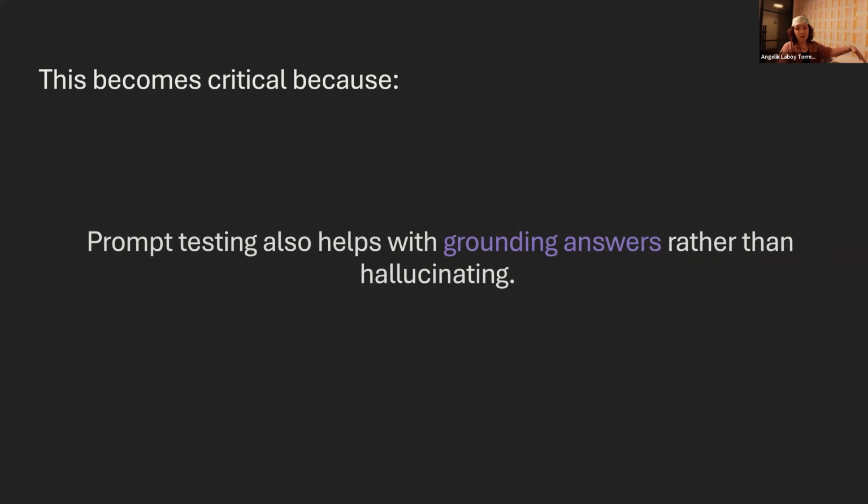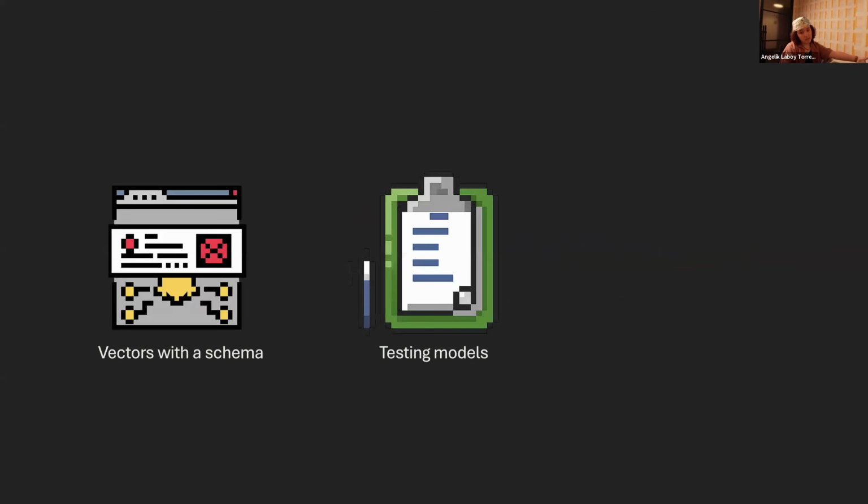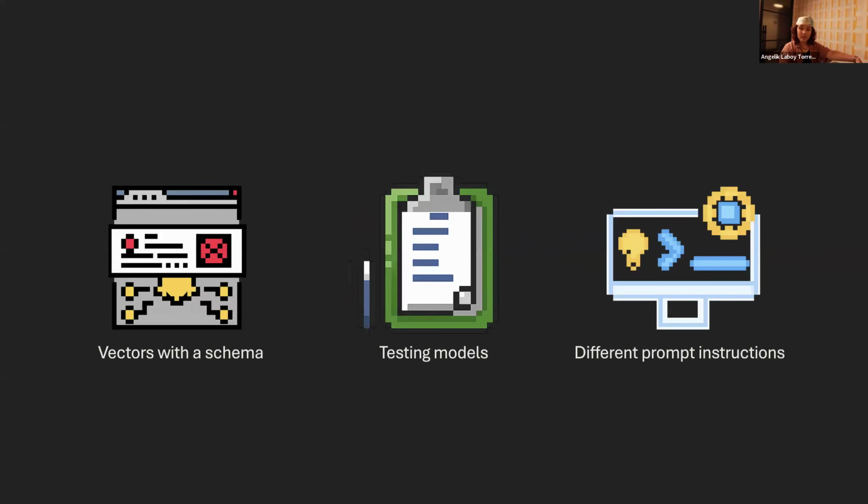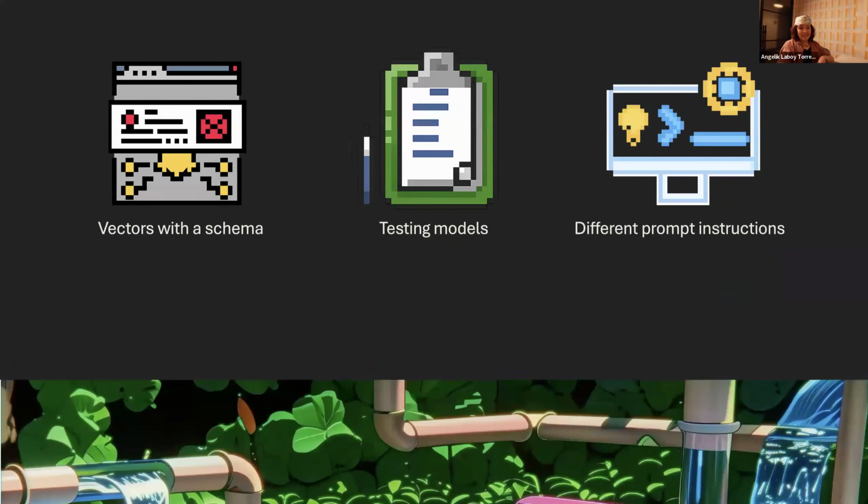Prompt testing also helps with grounding answers rather than hallucinating. This might seem simple, but helping your vector with a schema, a testing model, or even a different prompt instruction like summarize concisely, always include links, or use bullet points can really impact the answer.